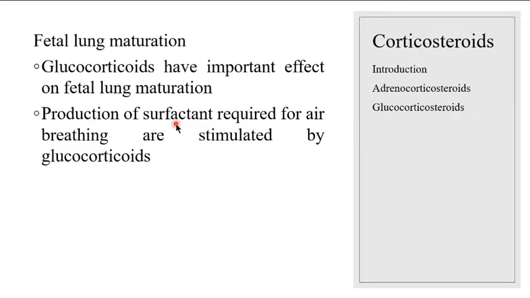When the lung is able to expand, the fetus can breathe inside. So corticosteroids help in prevention of respiratory distress syndrome in small children, as they help in production of a molecule that is known as surfactant.